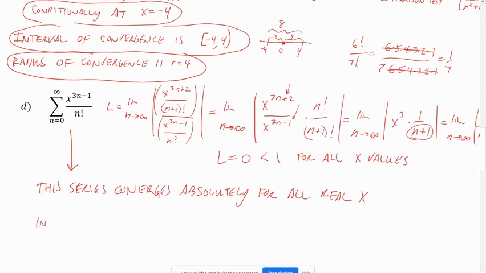The interval of convergence is -infinity to infinity, and so that means our radius of convergence is infinite.